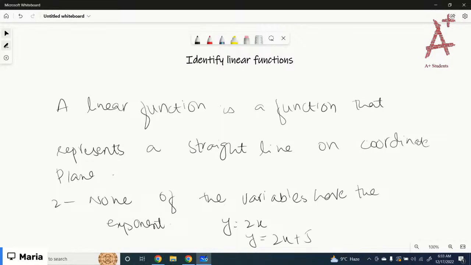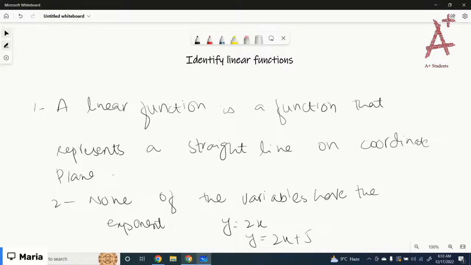Here two variables are involved, x and y, and both don't have any power. So these are the two points of the linear function. A linear function is a function that represents a straight line on the coordinate plane. So whenever you have a linear function, it must be a straight line.